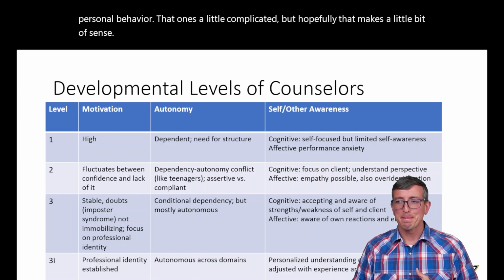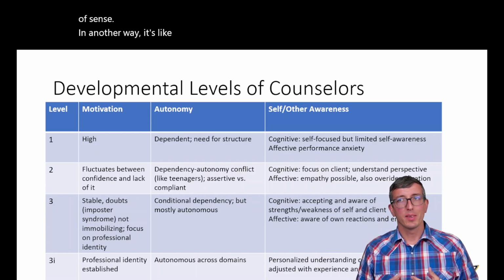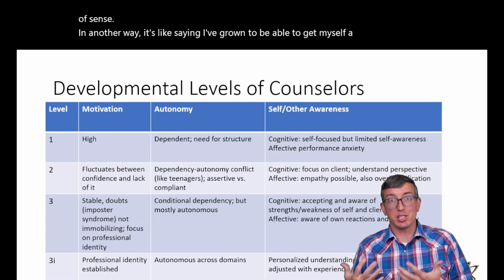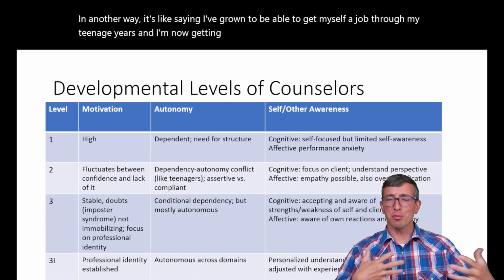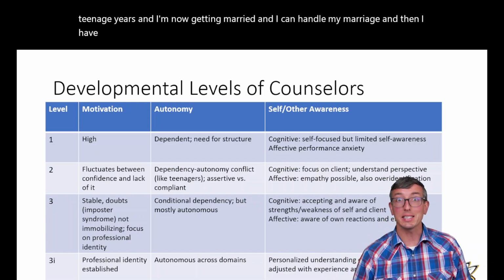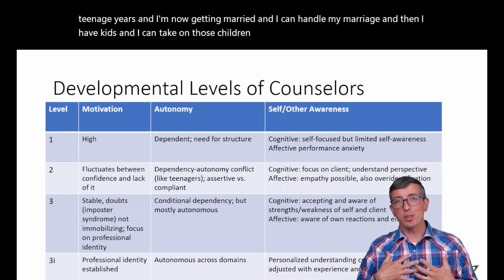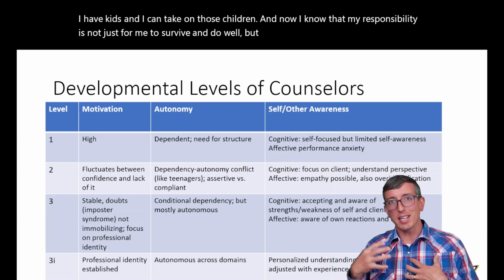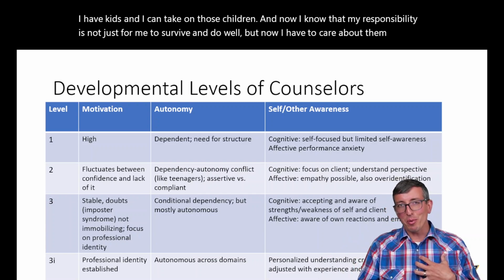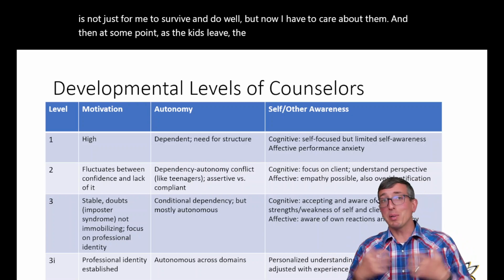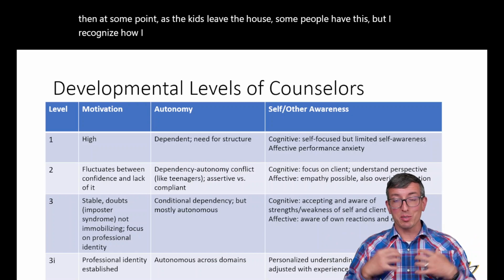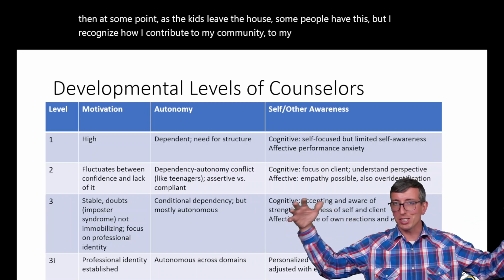In another way, it's like saying, I've grown to be able to get myself a job through my teenage years, and I'm now getting married, and I can handle my marriage well, and I have kids, and I can take on those children. And now I know that my responsibility is not just for me to survive and do well, but now I have to care about them. And then at some point, as the kids leave the house, some people have this, but I recognize how I contribute to my community, to my world, to my nation, whatever it is.